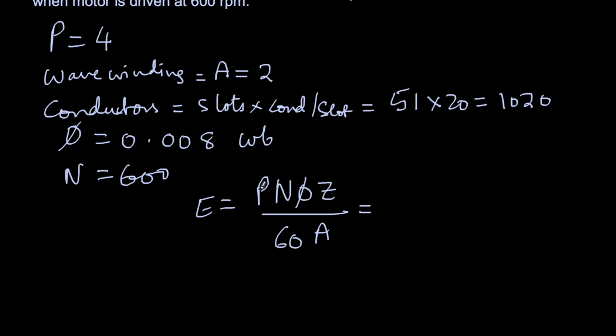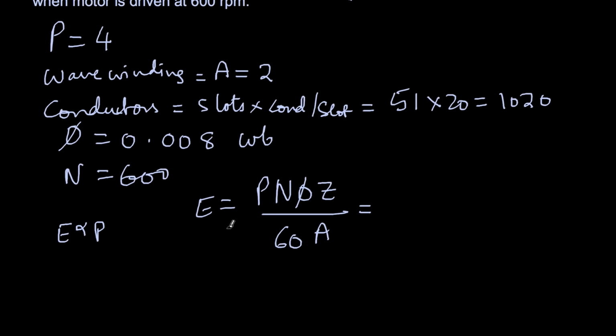See, what happens if I provide more number of poles? There are going to be more flux and more flux linkages. So E is proportional to P. A 4-pole machine will generate lesser voltage compared to an 8-pole machine, all other things remaining constant. That is logical.